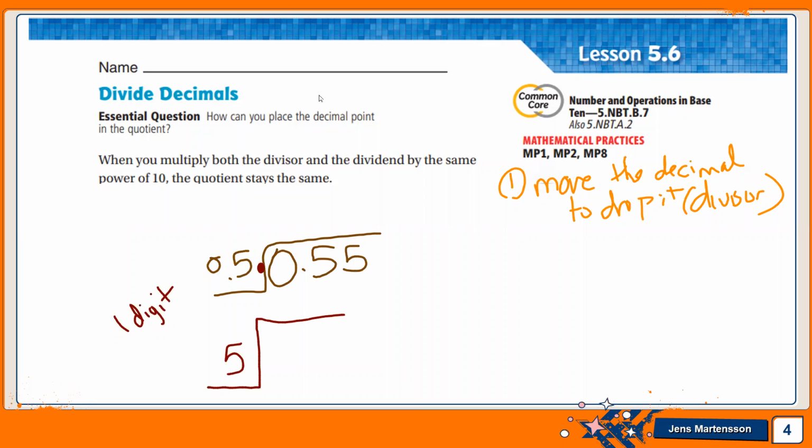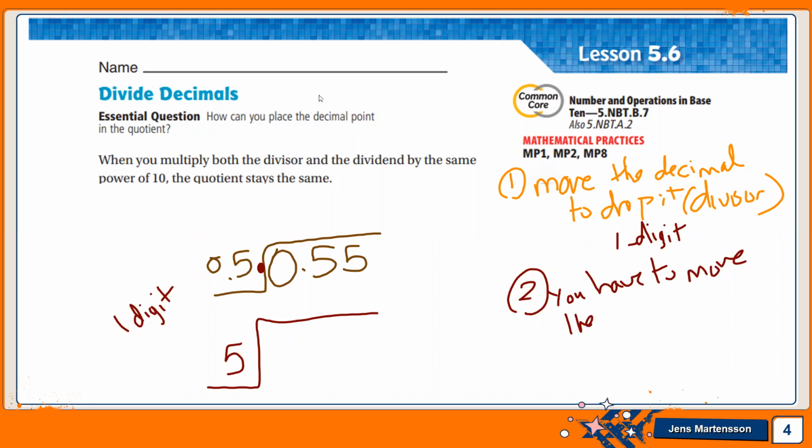Now then, since you moved the decimal 1 digit only, but don't open your book now, just focus with me. Since you moved the decimal point 1 digit only, you have to move the decimal point in the dividend 1 digit.